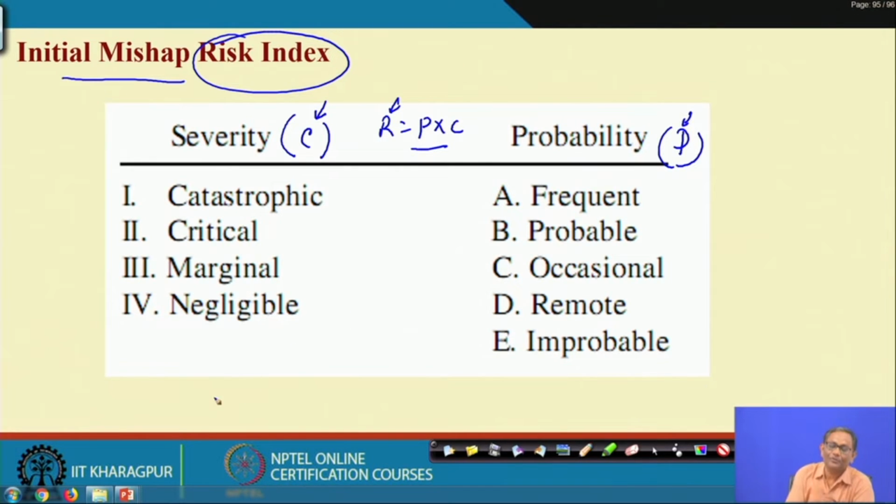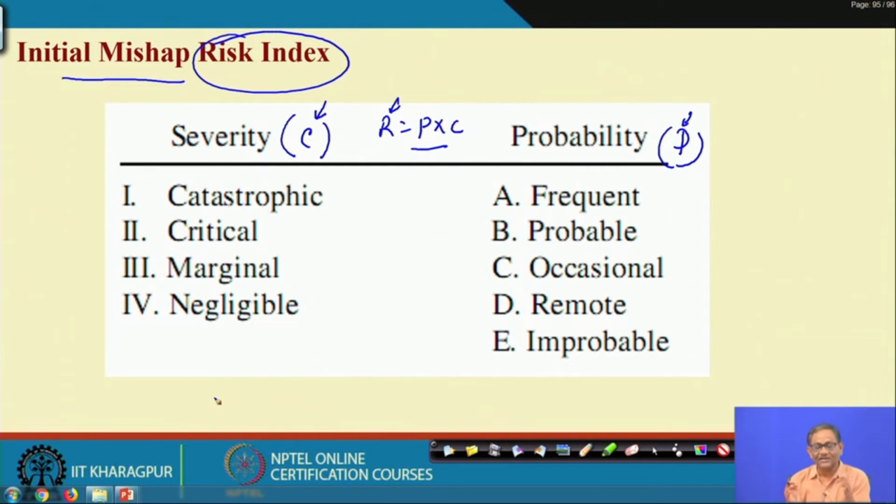The scheme adopted in PHA is usually qualitative risk assessment, not quantitative risk assessment, because quantitative risk assessment requires data of probability and consequence values, and that too for every top level accident or every hazard you have to find out, then it will be a huge task.